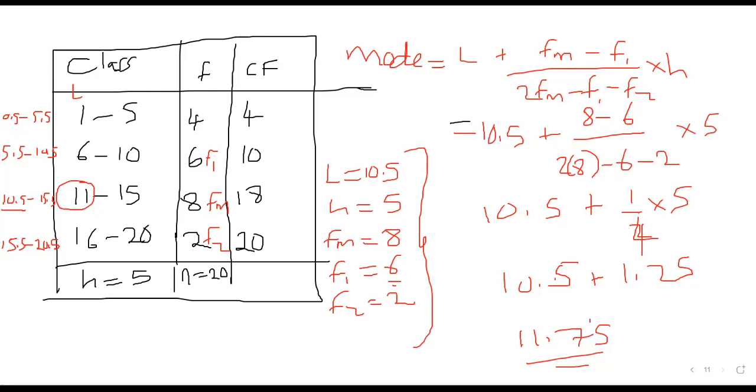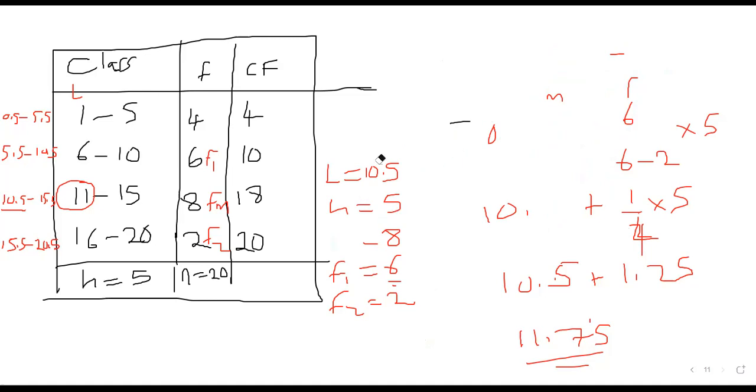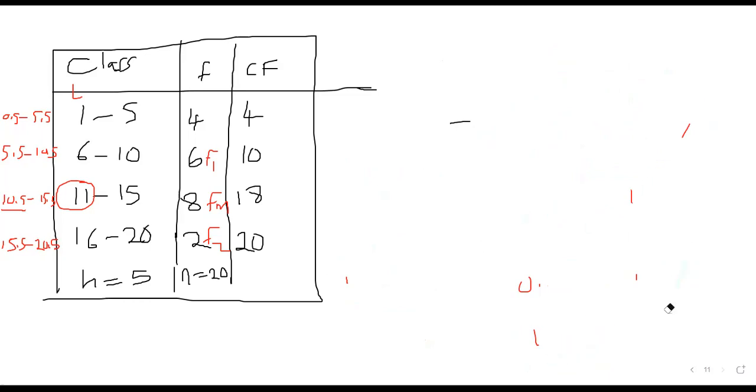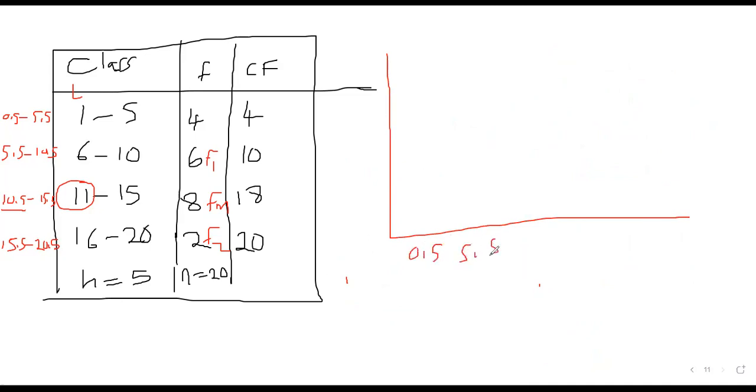All right. So we also can use the same data to draw our histogram. For the histogram, we use the adjusted figures that we have there. So from the adjusted figures, we're going to use 0.5, 5.5, 10.5, 15.5, 20.5.